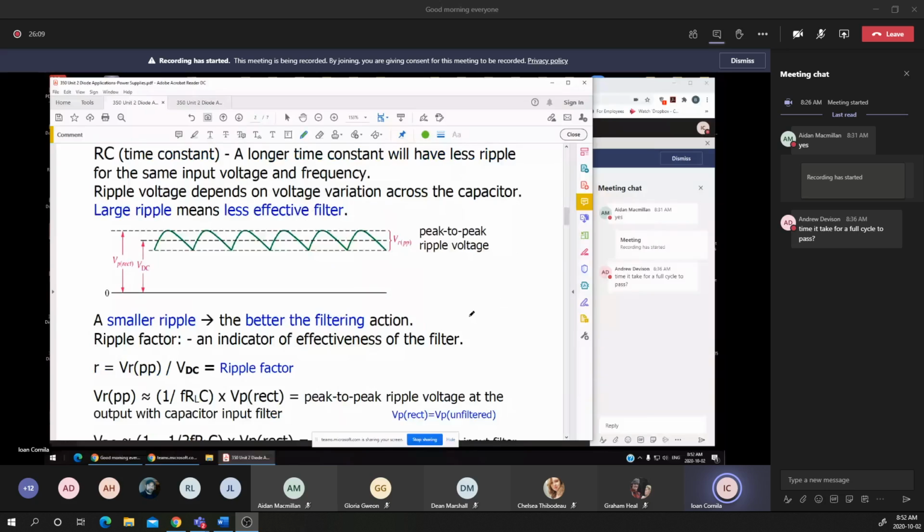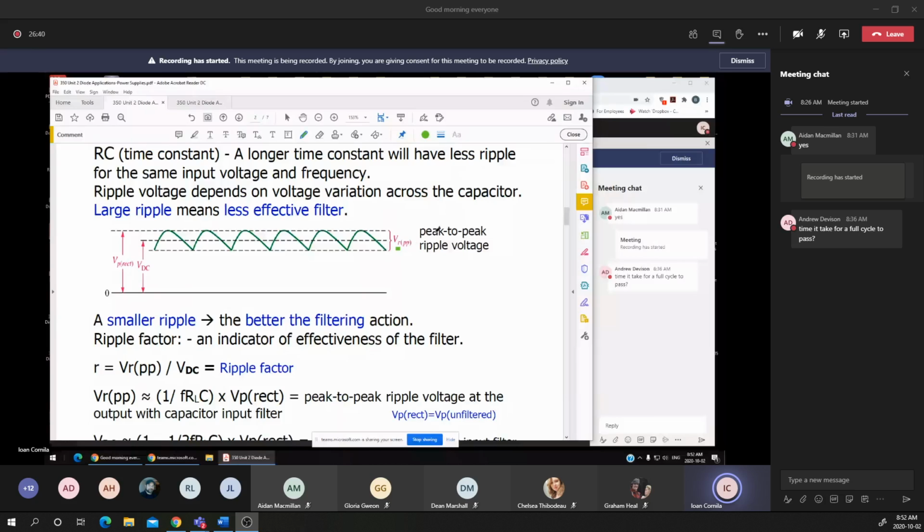Now, the peak-to-peak voltage, that's the rectified voltage, which has a very small ripple. You notice that any quantity or characteristic of a ripple is always symbolized by the small letter r. V is the voltage, r is for ripple, and peak to peak is the P and P notation.